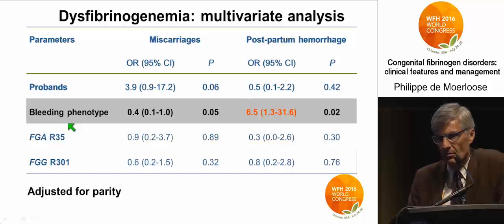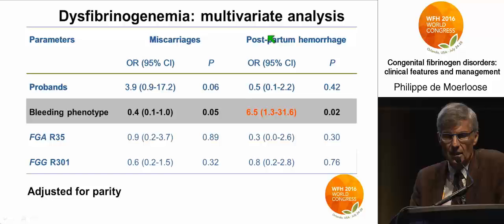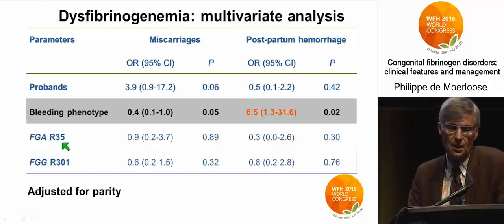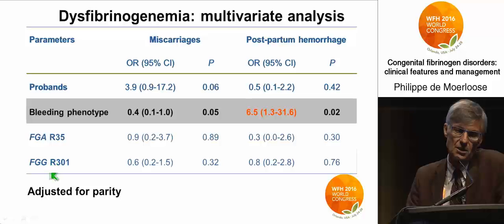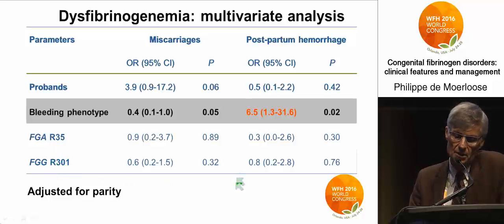That means a personal or family history, which shows that there is an increase of postpartum hemorrhage. Again, the classical mutation FGR35, which is at position 16 in the cleavage site, or this one, which is close to the C-terminal, were not predictive.